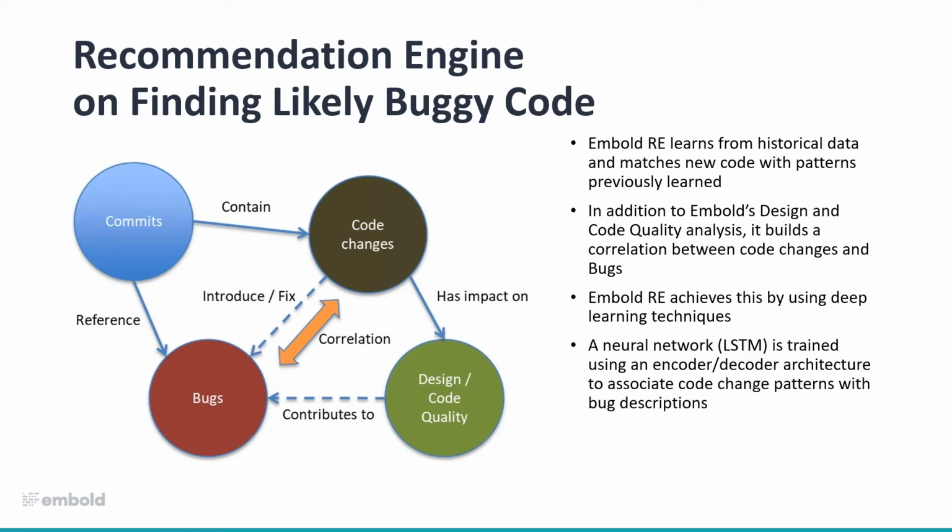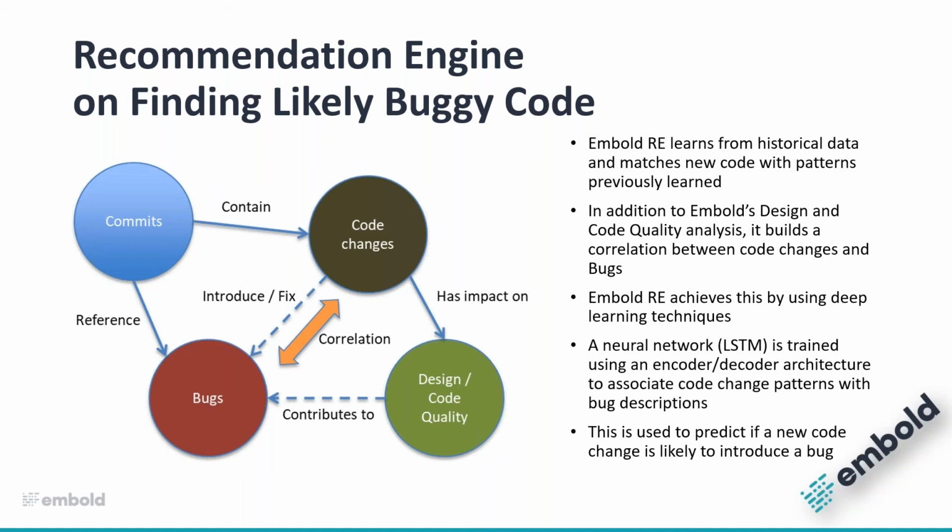We use a neural network with long short-term memory to train on this data and give recommendations to the developers. In the end, we will see which part of the code could be buggy, I mean, may introduce another bug. So this is EMBOL.